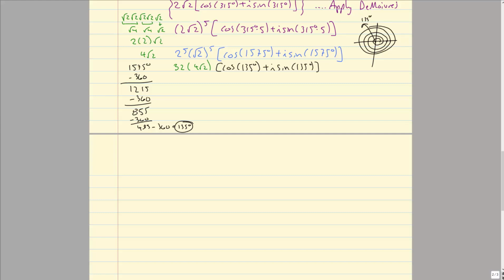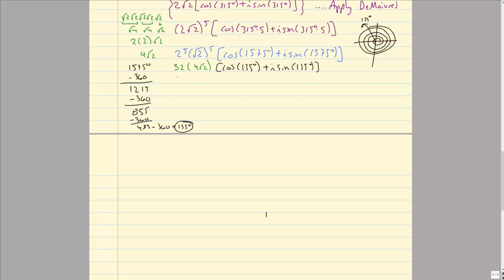So saying the cosine of 1575 will give you the exact same value as the cosine of 135. You spun around the unit circle more than once, so the location at the end is the same, but the amount of rotations to get there was different. But you should just be able to substitute in the same value.